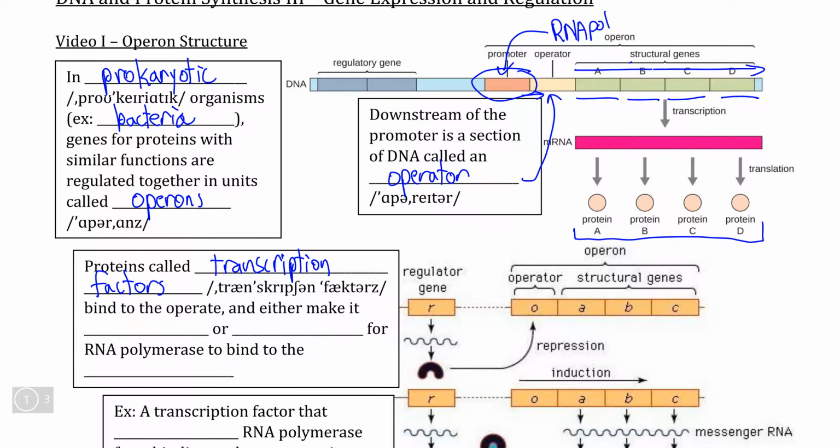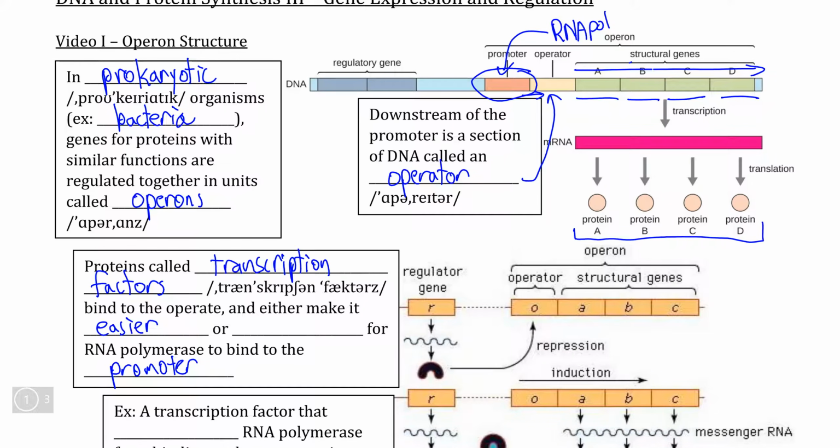Number one, a transcription factor might actually make it easier for RNA polymerase to attach to the promoter region, and if this is the case, that means that more transcription of the operon's genes is going to occur.